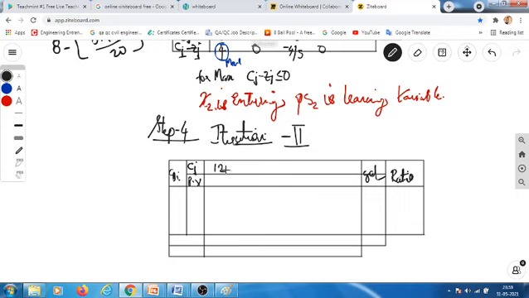We have 12. This remains the same for all the tables. 12, 16, 0, 0. This is the S2 value. This is S1. This is X2. This is X1.